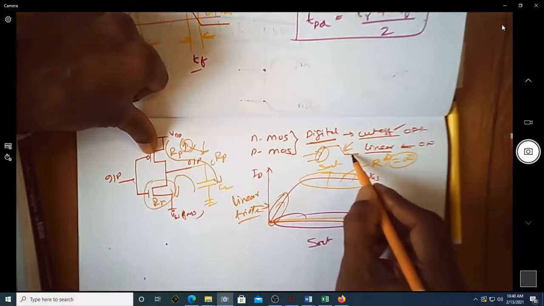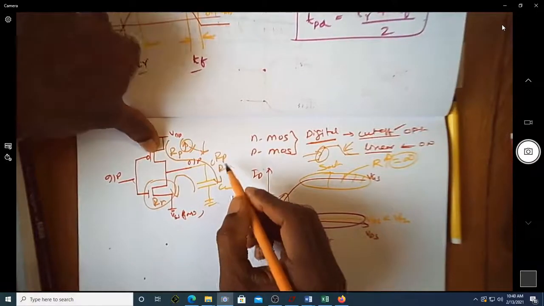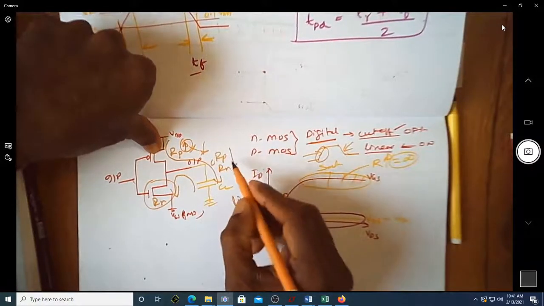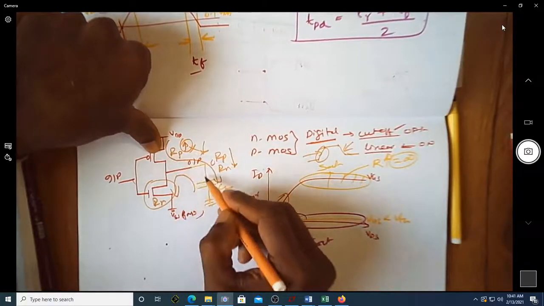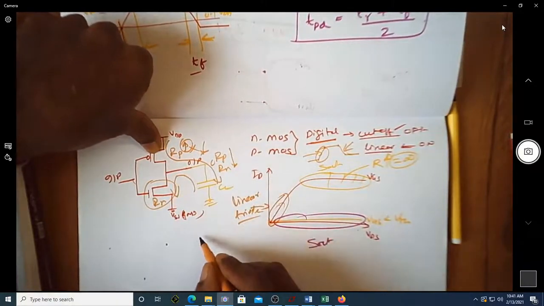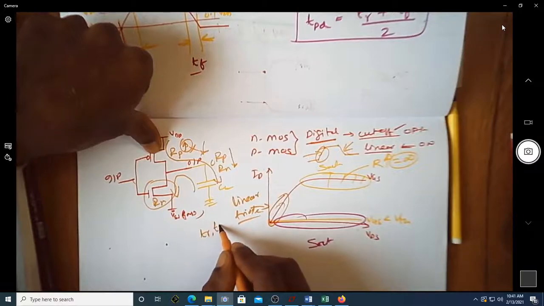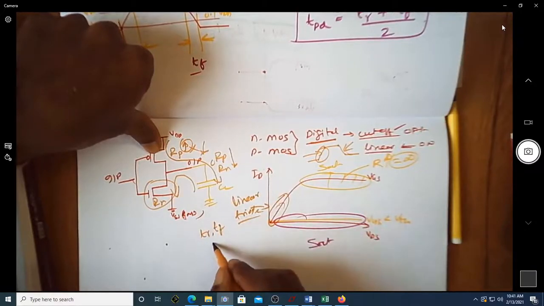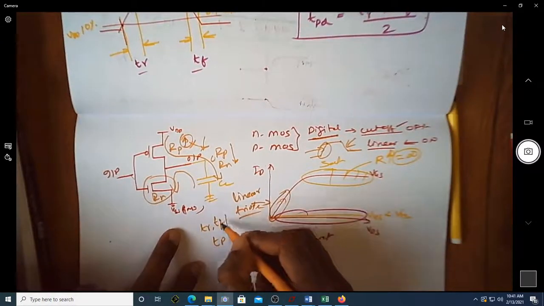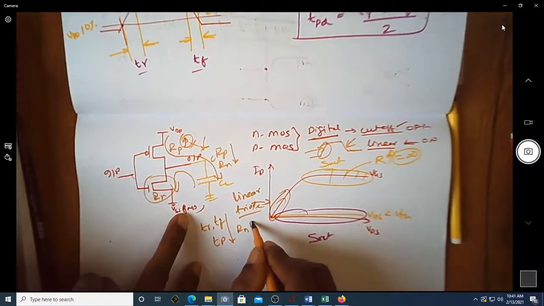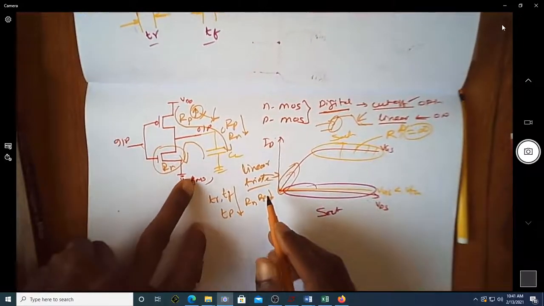If the output has to go low, it is RN that is responsible. They have to be as small as possible, so that we end up with quick charging and discharging, so that tR and tF will be less, which ends up with a lesser propagation delay. All these are less if RN and RP are less.